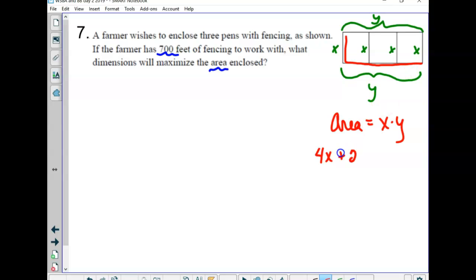To make the long sides. And that has to total the 700 feet he has. That's really the perimeter, except it also includes the dividers in the middle, yes? Okay. One of those we can solve, okay, and put it in as a substitution into the other.